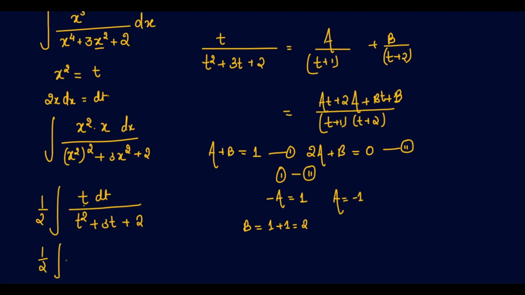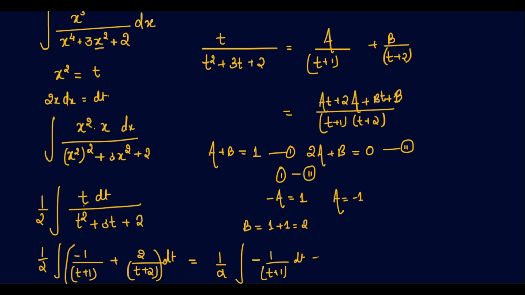Half integration of, we will write a as minus 1 over t plus 1 and plus 2 over t plus 2 dt. If you write it in this form, you can take them separately, that is minus integration of 1 over t plus 1 dt plus integration of 2 over t plus 2 dt.